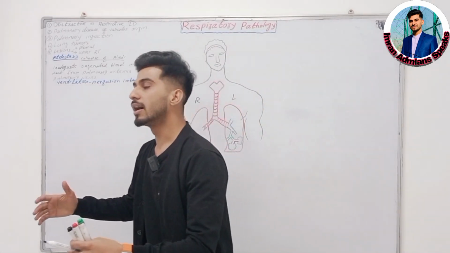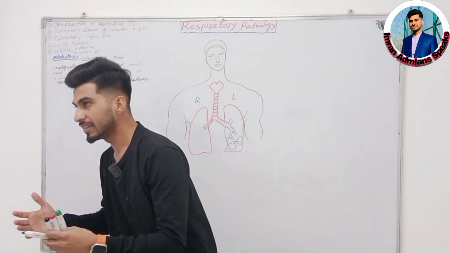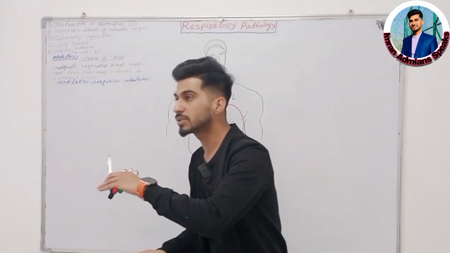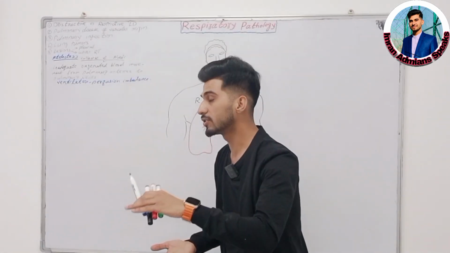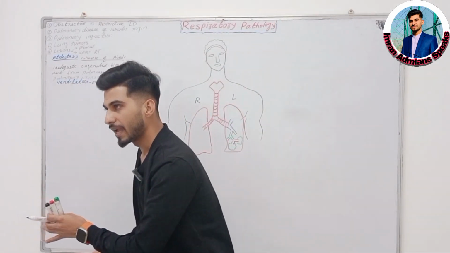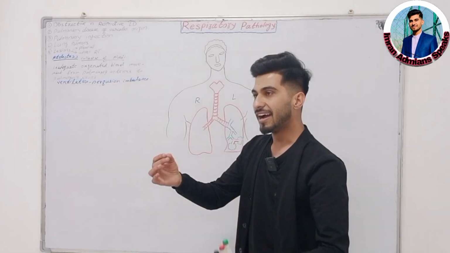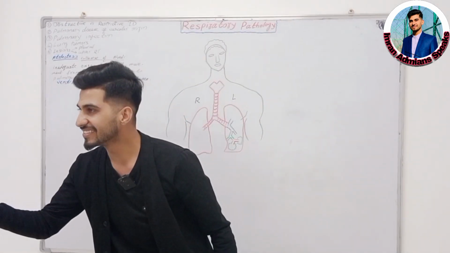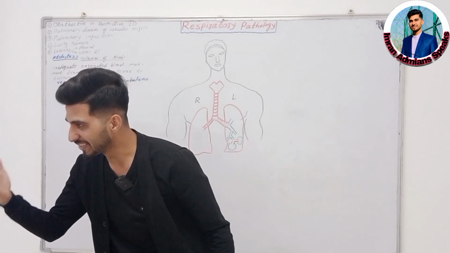Yes. In case of chronic bronchitis, when there is hypertrophy of the mucous glands, there will be obstruction to the movement of air into the lungs. Okay. And we also know that inspiration of air is very easy, but expiration of air is very difficult.